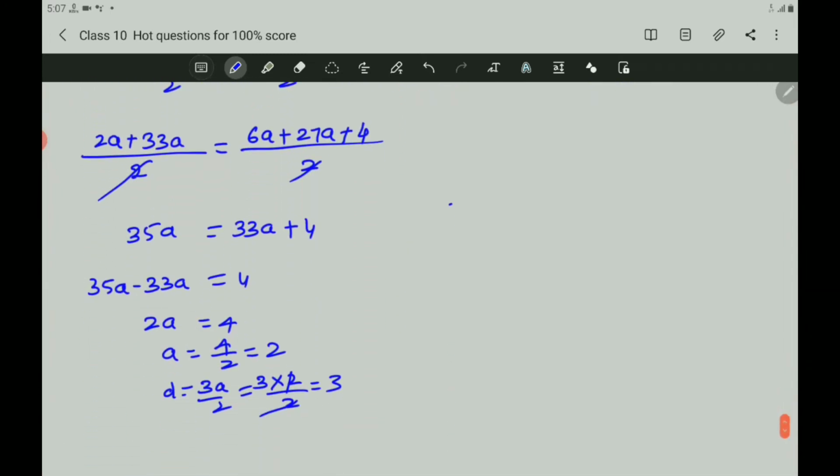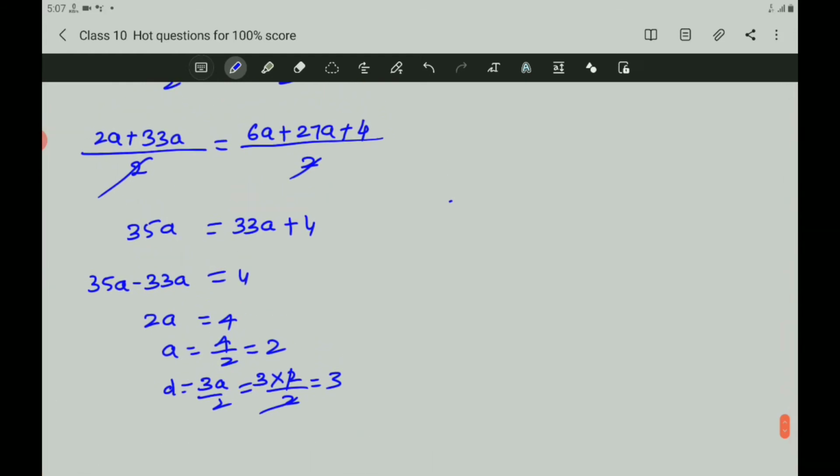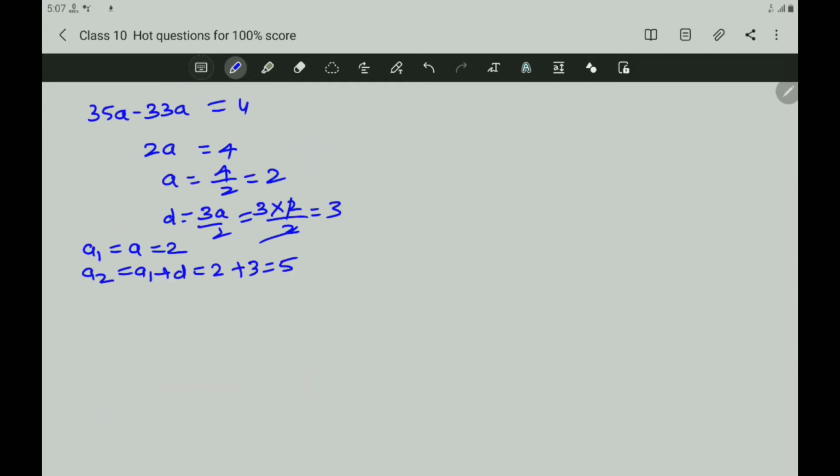So write here: a1 means A, that is 2. a2 means a1 plus d, that is 2 plus 3 equals 5.